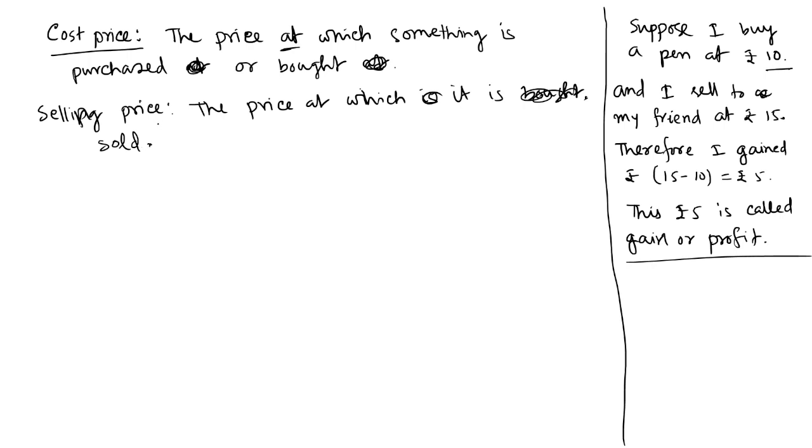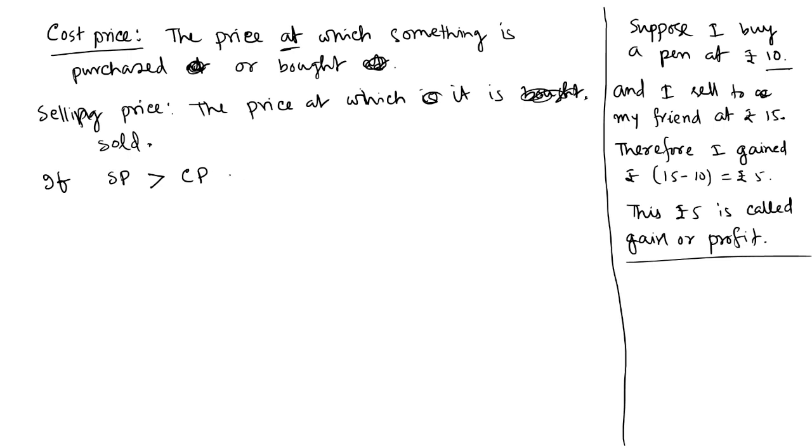If the selling price, we write the shortcut SP, is greater than the cost price, that is CP, then definitely I will have some extra amount in my hand.